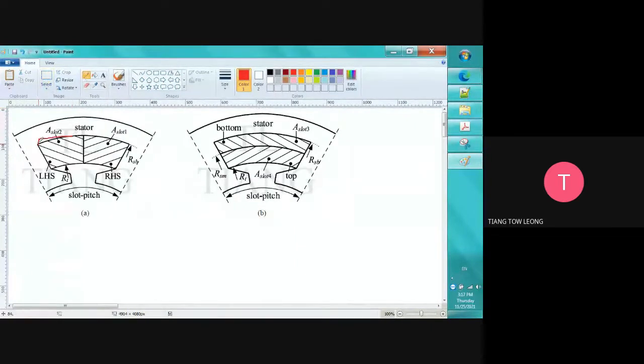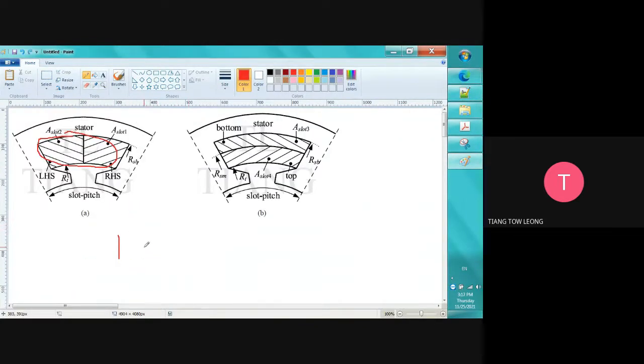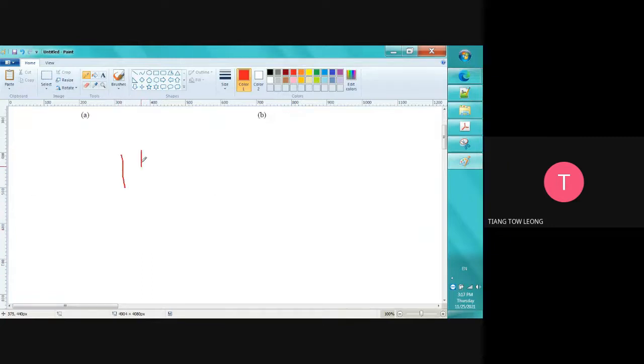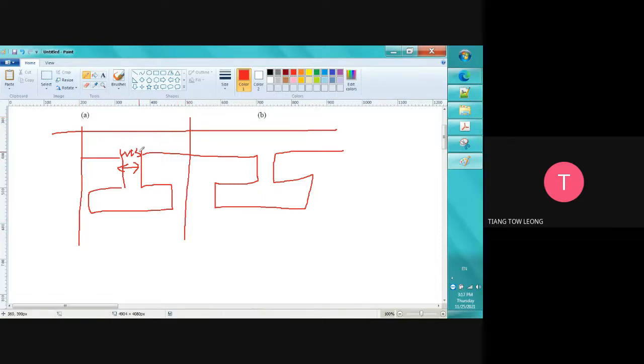Okay, we want to calculate this one. So if, let's say, we put it in 2D dimension. Oh, sorry, maybe I should draw like this. Okay, then we know that this is WTB. Let's say this is one slot pitch. Then the problem is we want to calculate this part.